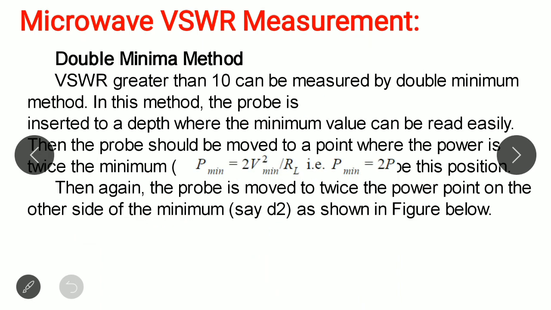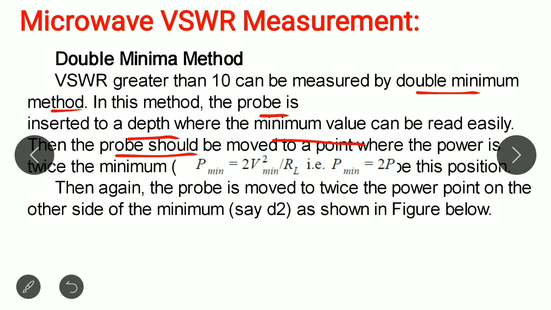Now the next method is the double minima method. A VSWR greater than 10 can be measured by the double minimum method. In this method, a probe is inserted into the slotted line section and the minimum values can be easily read.